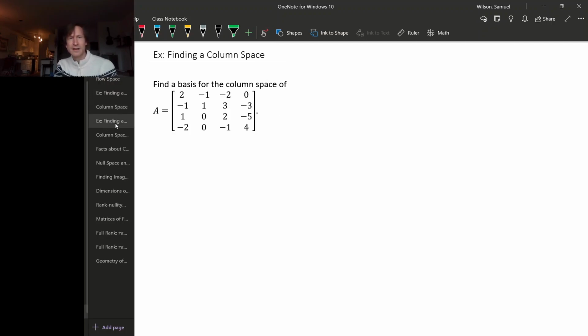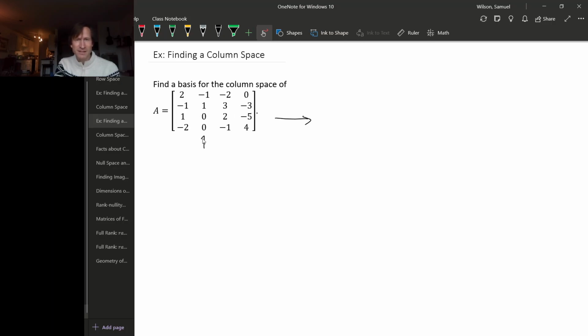But let's see how it works to find a basis for the column space. Well, just like we did row operations to find a basis for the row space, we can do column operations to find a basis for the column space. So instead of using R's with subscripts to indicate row operations, let me write C with subscripts to do column operations. So let's see.